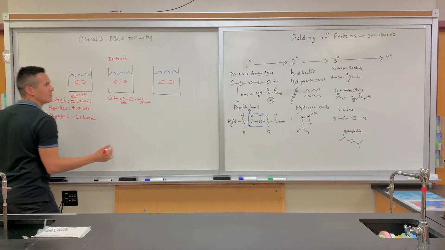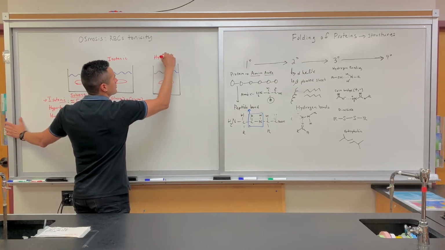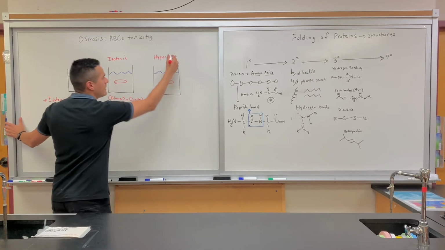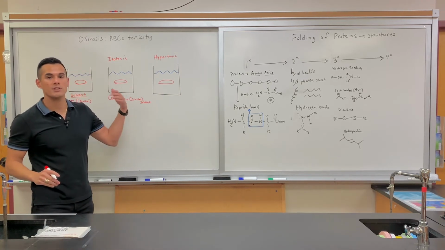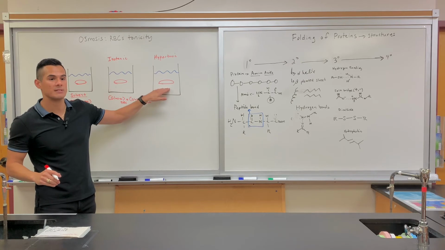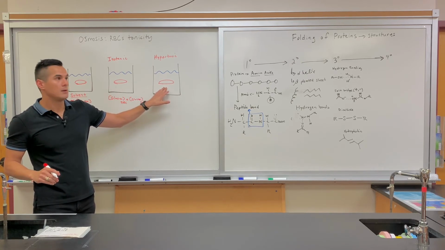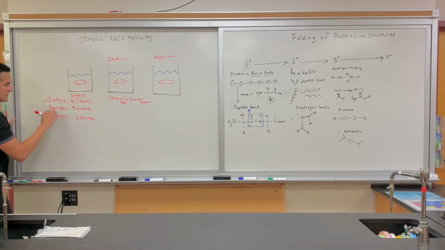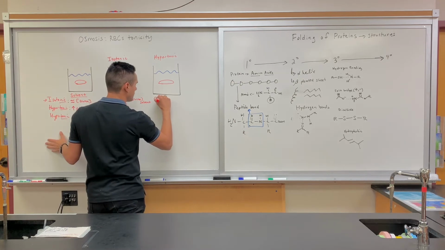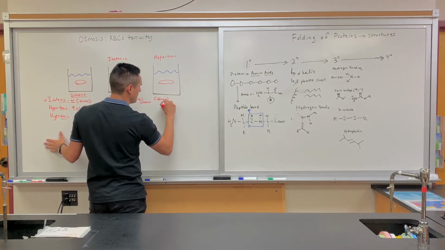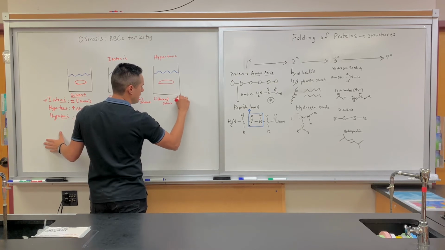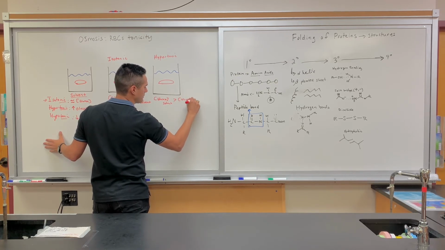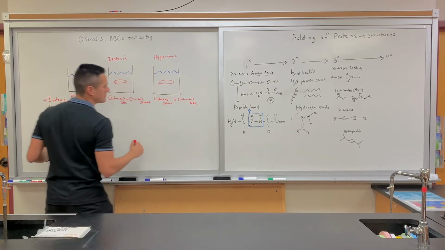But what happens when we place it in a hypertonic solution? Where is there going to be a higher concentration of glucose, on the inside of the red blood cell or outside of the blood cell? On the outside, right? Remember, I was saying if it's hyper, it's more; hypo is less. So if it's hypertonic, that means there's a higher concentration of glucose in the solvent. So our glucose concentration in the solvent is going to be greater than our glucose concentration within our red blood cell.